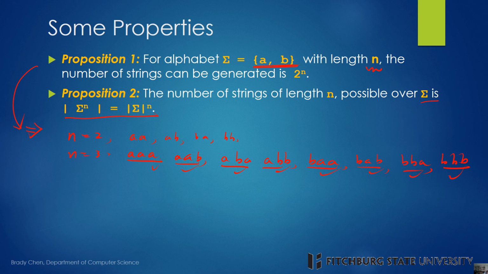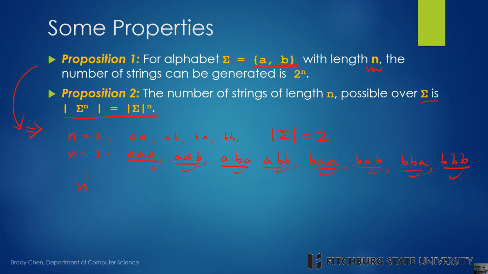So now in general, let's talk about n, right? So for n equals 2, you know that sigma contains 2 elements. So the cardinality of sigma is 2, right?